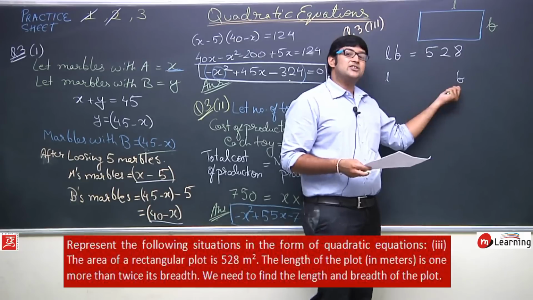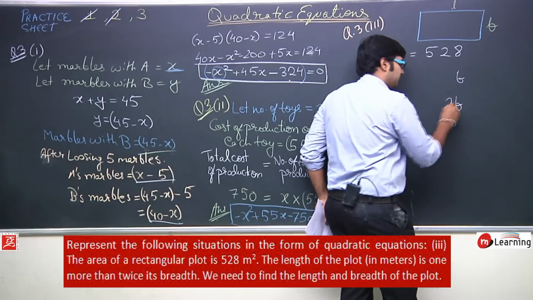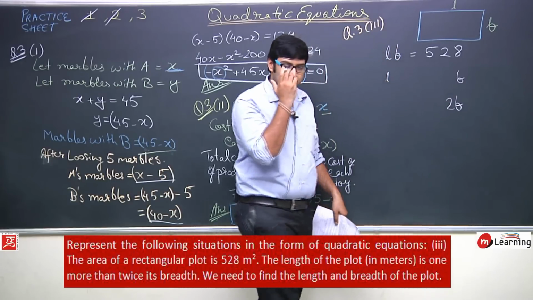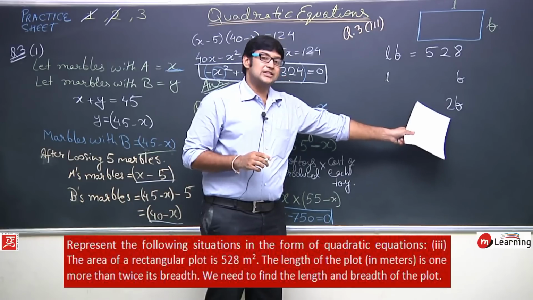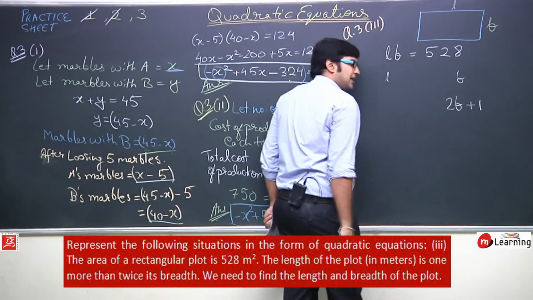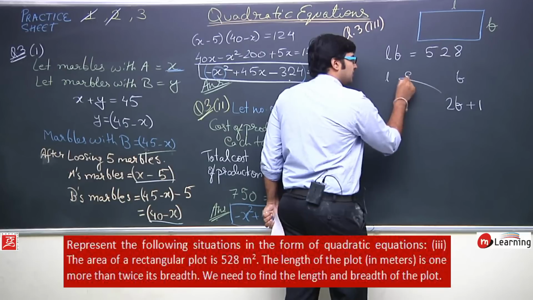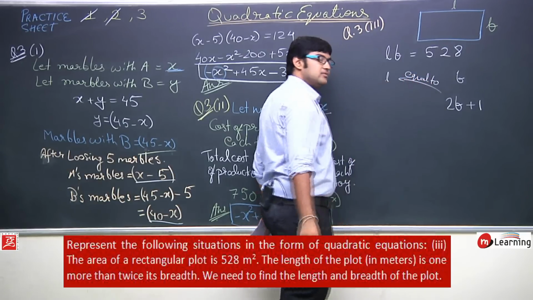So what will be twice the breadth? Twice the breadth will be 2 times B. And length is equal to what? 1 more than this, which means if I add 1 to this, it will become equal to the length.